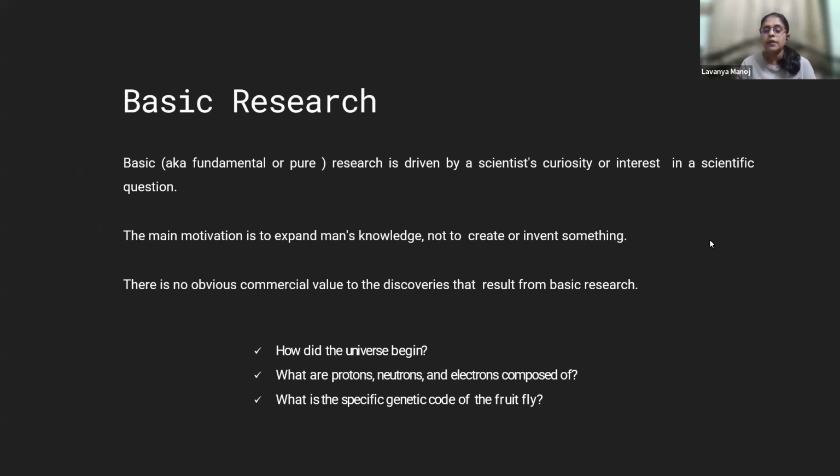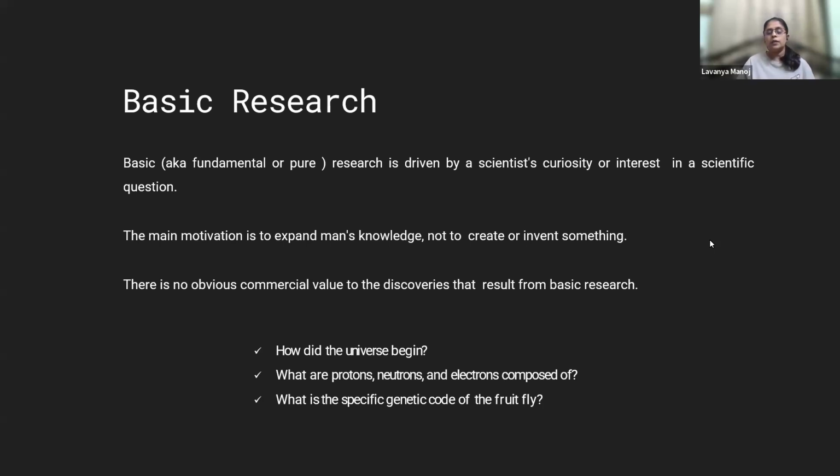It's driven by a scientist's curiosity or interest in a scientific question. Like what happened within 5 seconds after the Big Bang? Or which was possibly the first living organism on Earth, and what are the possibilities of life forms on other planets or other galaxies, or what induced a virus which was dormant previously to now become so active.